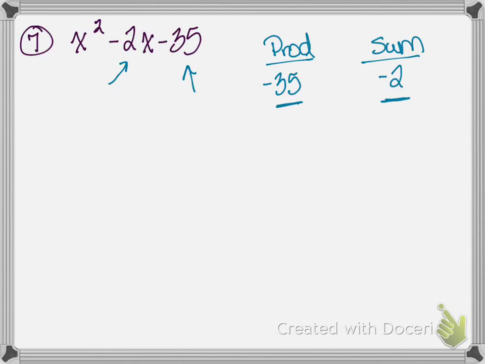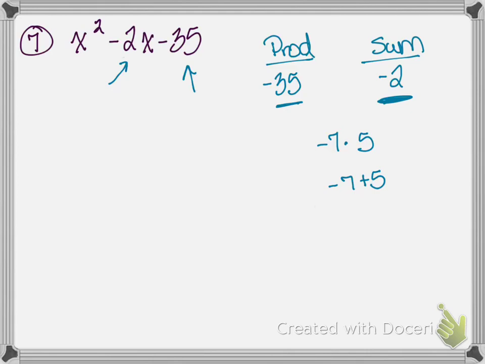Negative 7 and positive 5. The reason the 7 is negative is because negative 7 plus positive 5 gives us this negative 2. If you immediately said 7 and 5, you would get there. You just have to play with the negative sign.